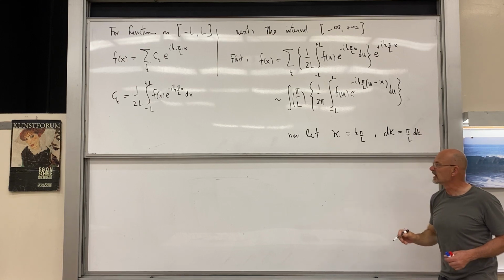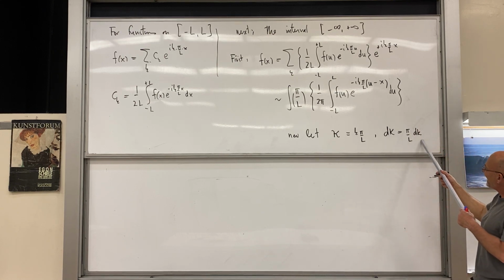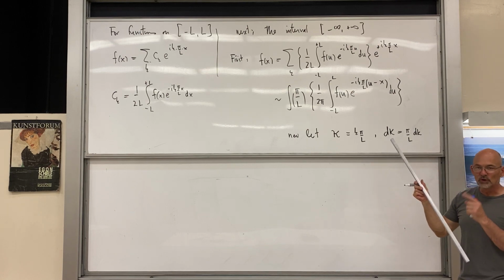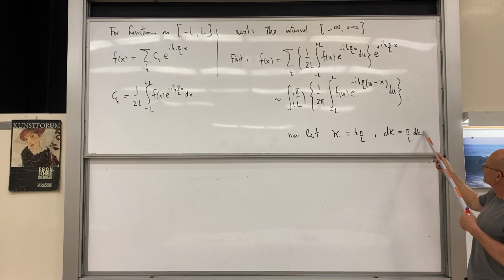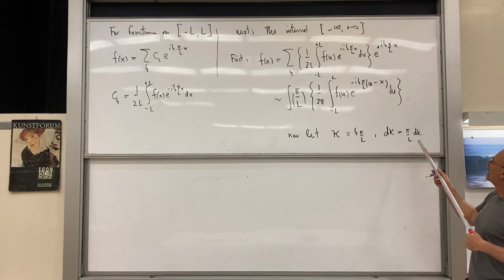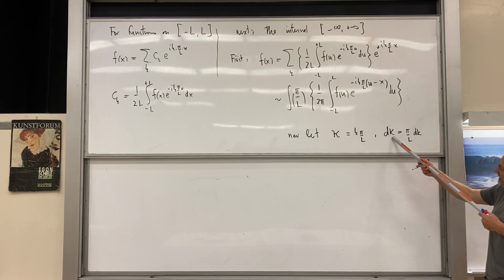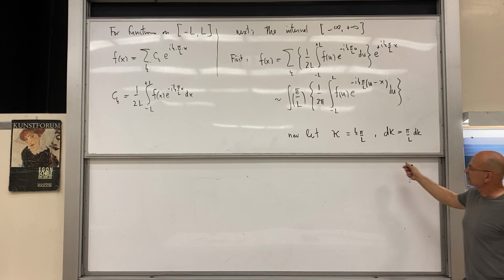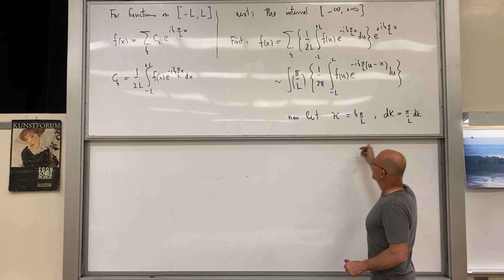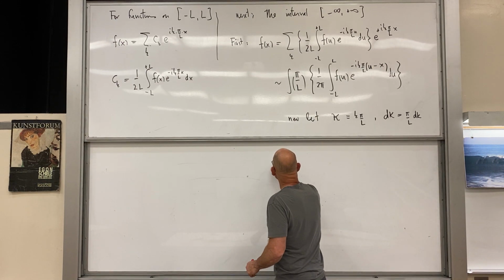Okay. Now the dk is still a unit, right? Like I've been saying, that delta k is still a unit, an integer, but this d kappa is going to get smaller and smaller as L goes to infinity because it's pi over L. So let's see what we get here now.